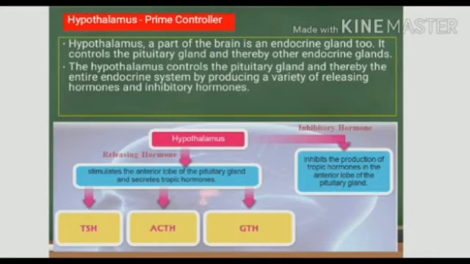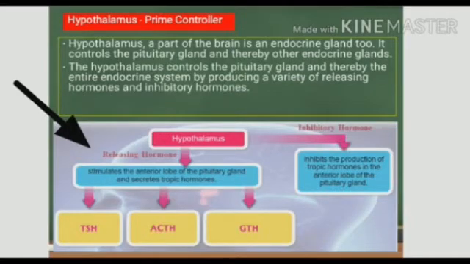When the hypothalamus is stimulated, it secretes releasing hormone. The releasing hormone reaches the anterior lobe of the pituitary. The anterior lobe of the pituitary secretes the tropic hormone. That tropic hormone acts on other endocrine glands.